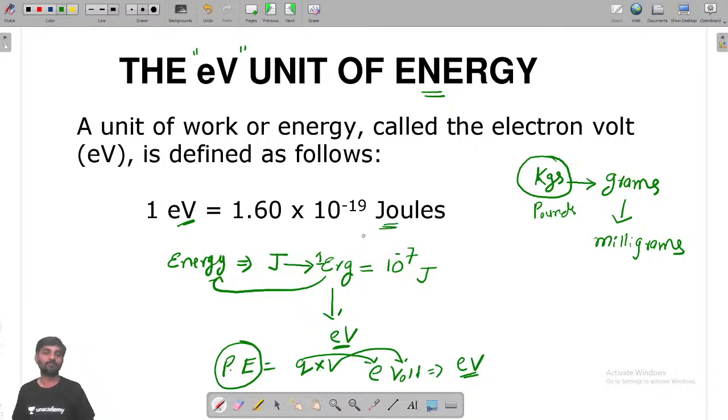That is what he mentioned, right? So 1 electron volt is equal to 1.602 × 10 to the power of minus 19 joules. Clear? Is it clear? So that is how we get this.